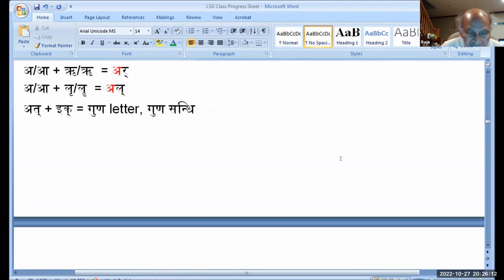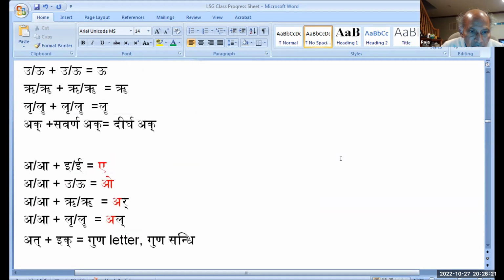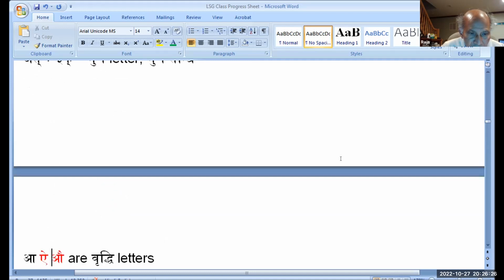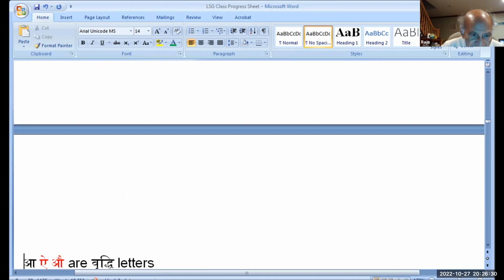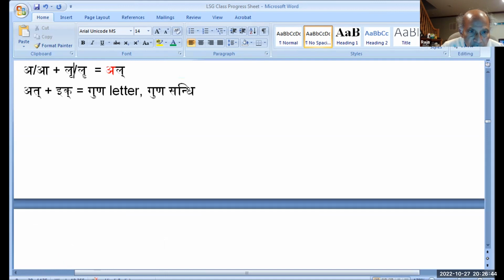Now we did guna sandhi when the result comes as a guna letter. Now let's look at another one, which we showed a lot. I gave you a lot of examples. Here is the one. What happens if previously you got a or a and added e? Let's go back to that part.